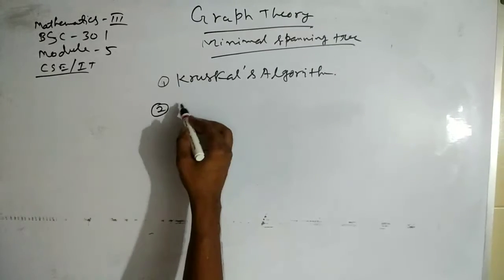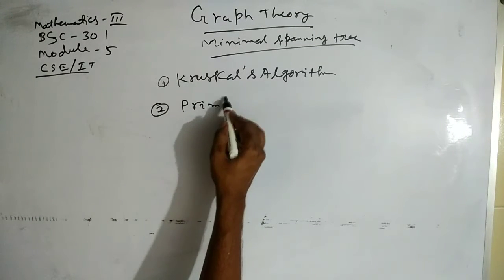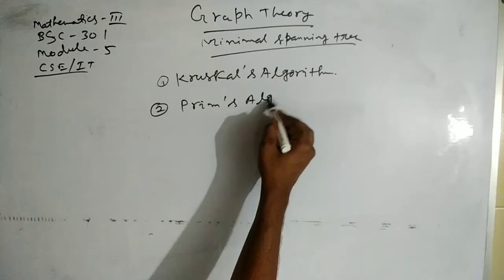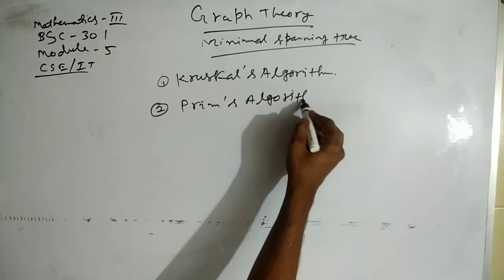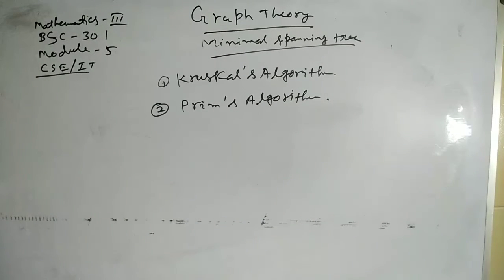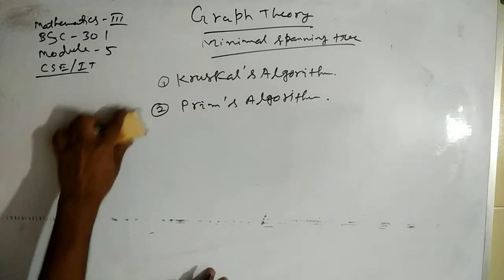Number 2, Prim's algorithm. Okay. So we will discuss one by one these algorithms to find a minimal spanning tree from a given weighted graph. First, I will discuss Kruskal's algorithm.